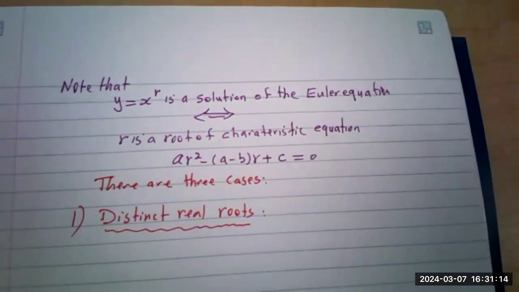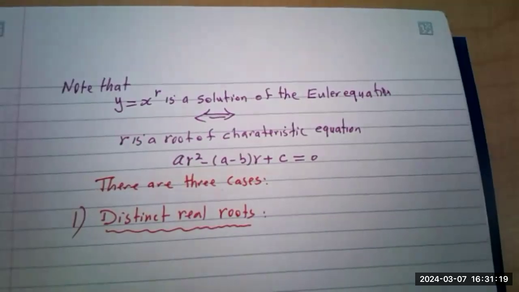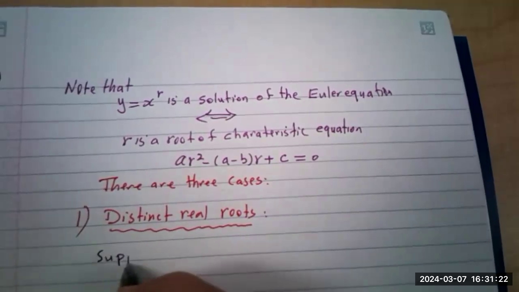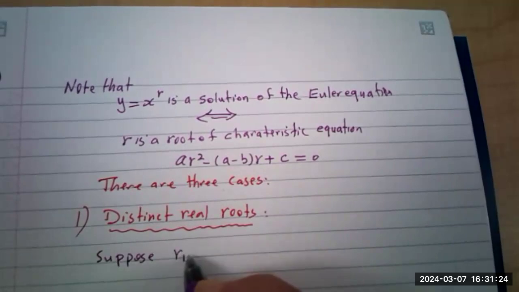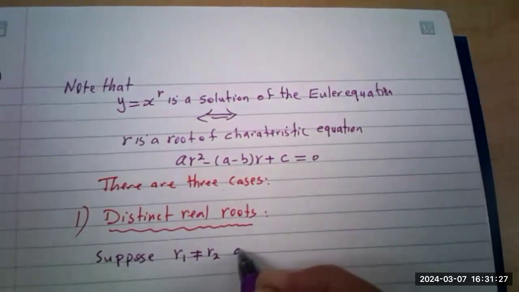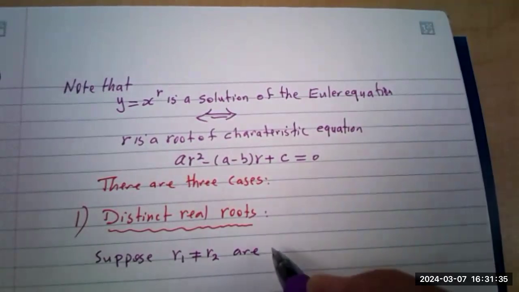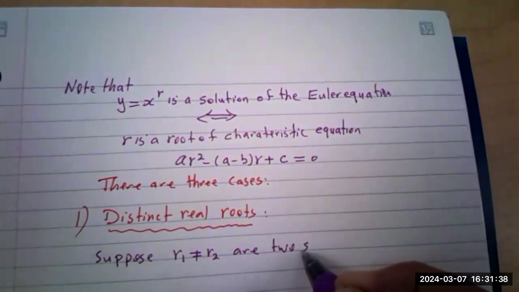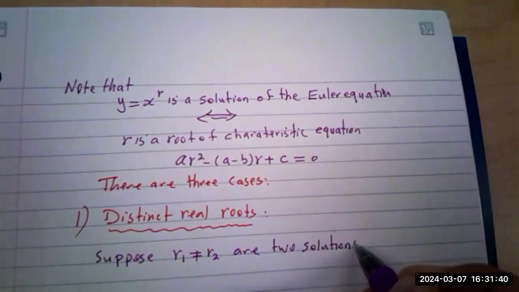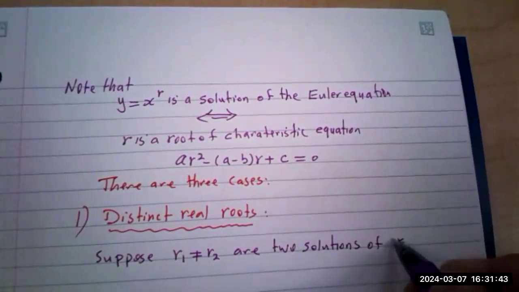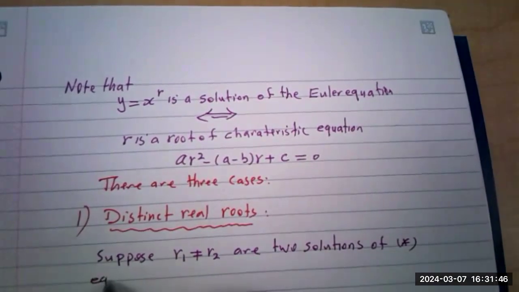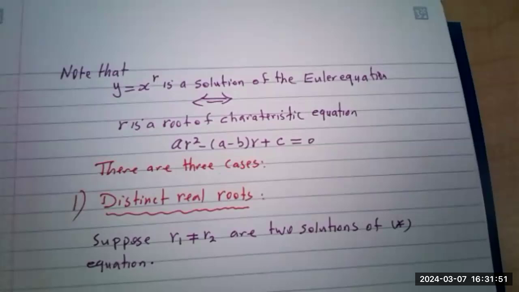In this case, suppose you solve that equation and you get two solutions. You call them r1 and r2, exactly as we did before. Suppose r1 is not equal to r2. I refer to that star equation, the quadratic characteristic one.